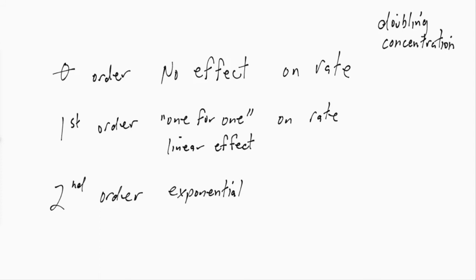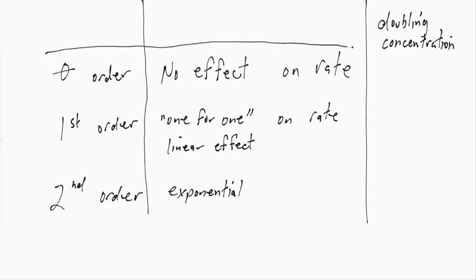And then I think you'll understand these different facets here. Okay, so we made a little table here. Go all the way over here. So this is the order. It can be 0, first, or second order. I'll put reactant order just to remind you that we're only talking about reactants. We're never going to say the order with respect to a product. We're just going to talk about order with respect to a reactant.